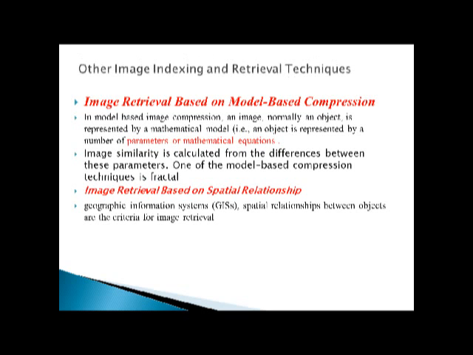So we have gone through all the different perspectives, how an image can be retrieved, how it can be indexed. In a database, all the images should be indexed. So without indexing the images, it is much more difficult to extract the contents.